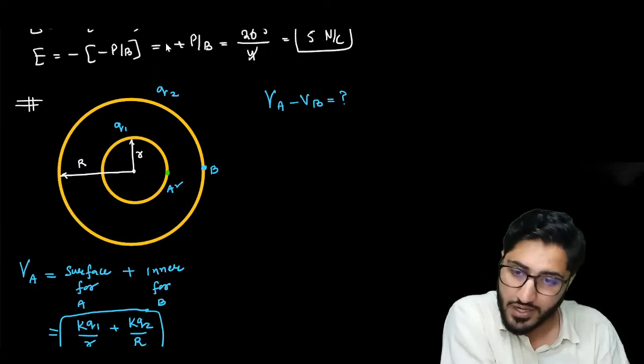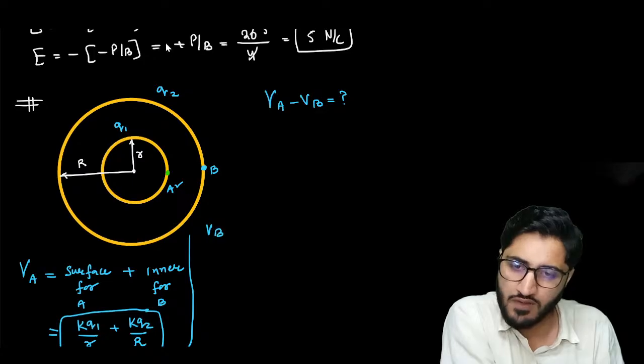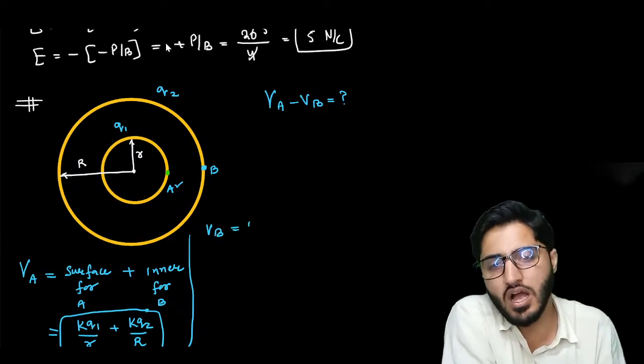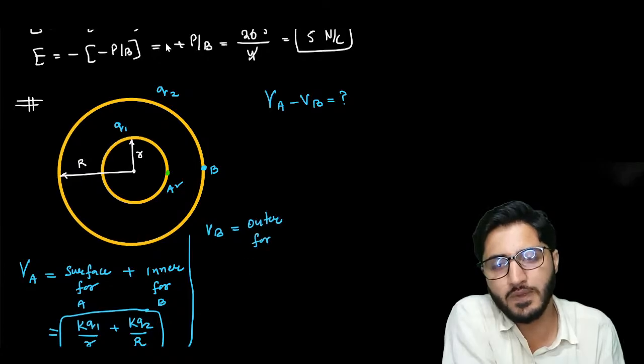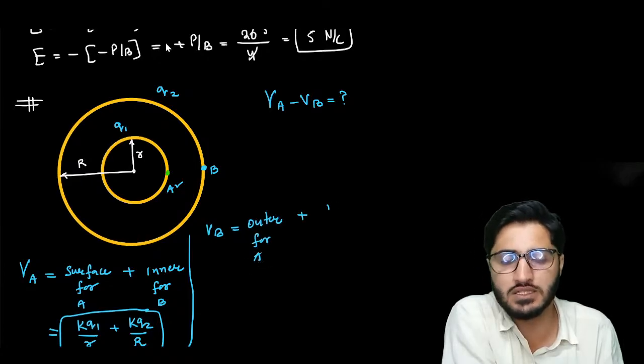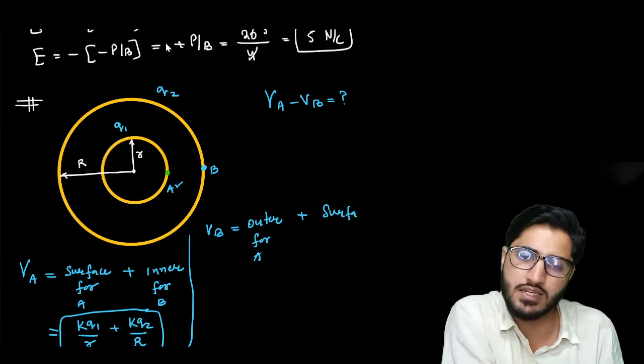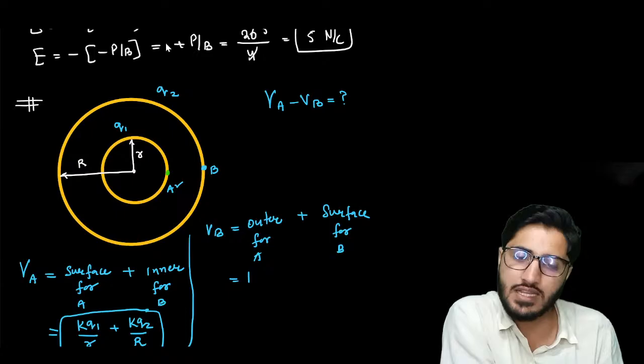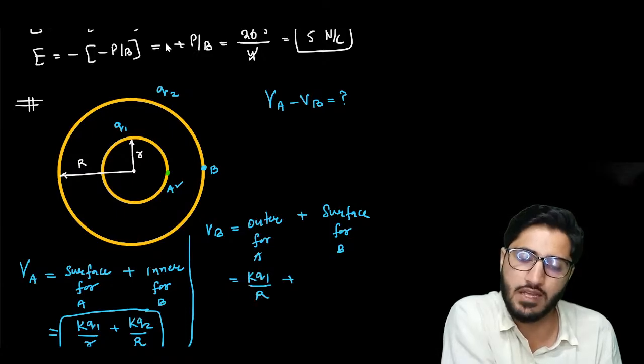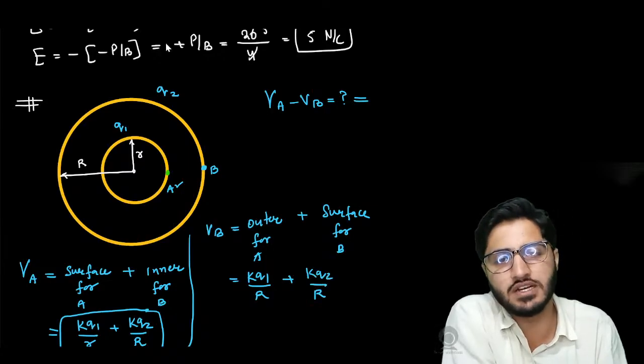Now, let us do VB now. VB is outer side. It is outer for A plus it is surface for B. So I will write K Q1 by R plus K Q2 by R. So now put these values here now.